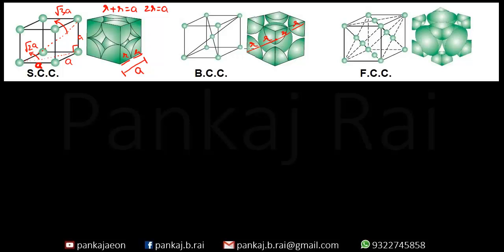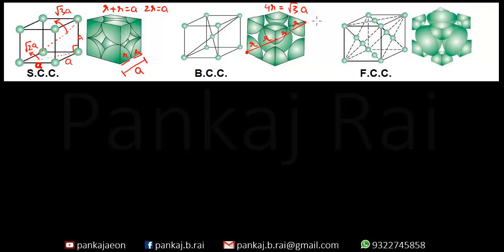So from this point to this point, we have R plus R plus R plus R, that is 4 times R. And the distance from this point to this point, as I have already discussed in this diagram, is root 3a. So 4R is equal to root 3a.